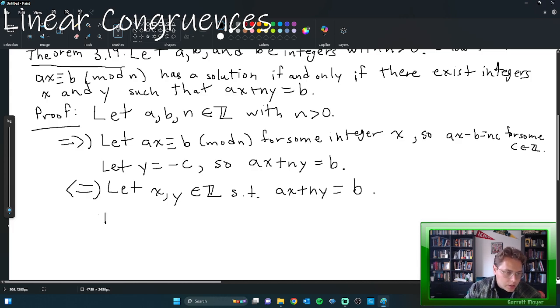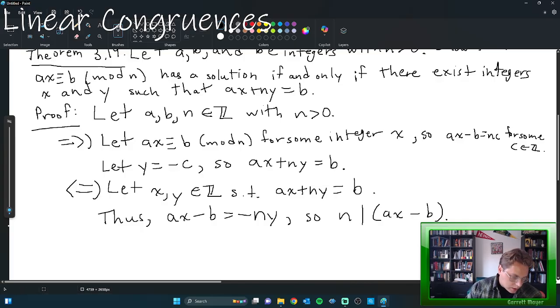Thus ax minus b equals negative ny. So n divides ax minus b. Nice. So then hence we have this congruence here. So this x here is actually a solution to this linear congruence.